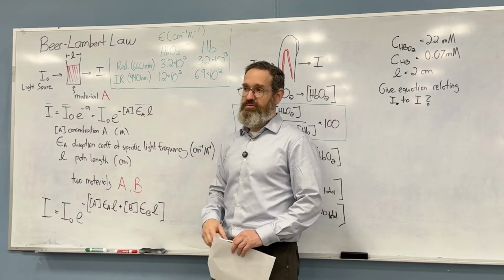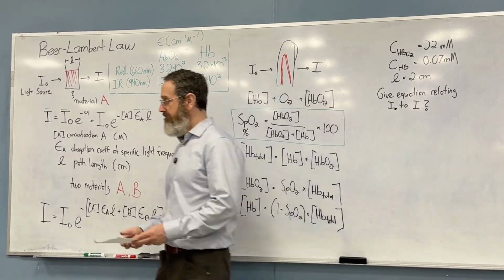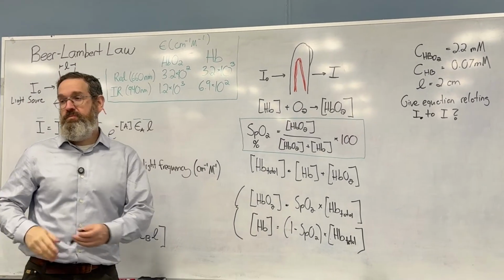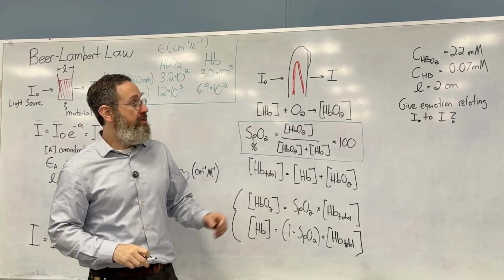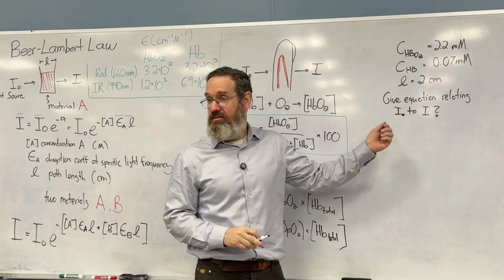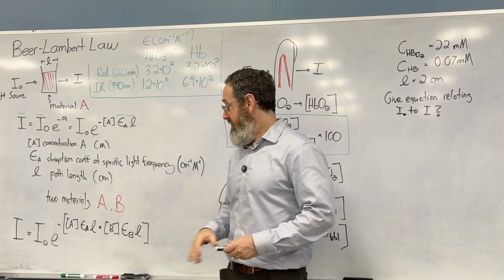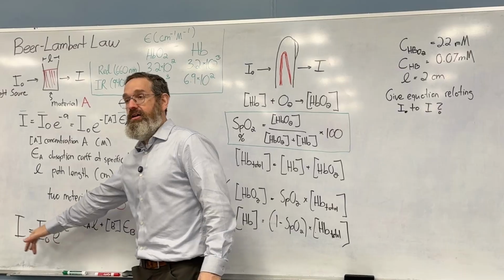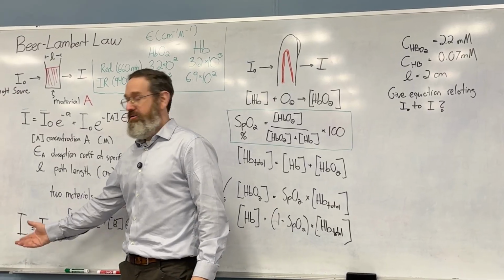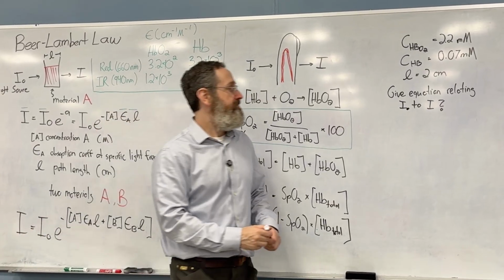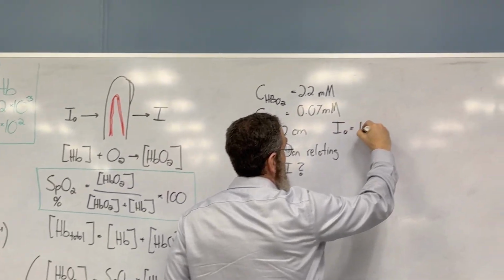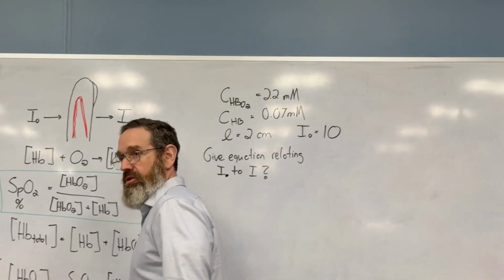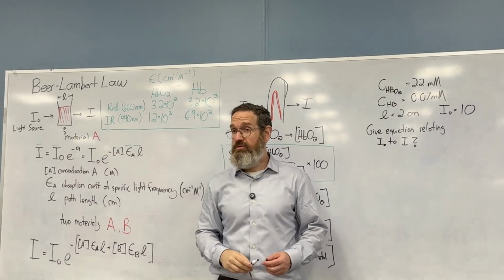Just write it out. Yes? What do you need, what about the I naught? Write it in terms of, just leave it as I naught and I, right? I did not give you I naught. If you want, let's make it simpler. I naught is 10, whatever units those are. So now you're done or you need something else?